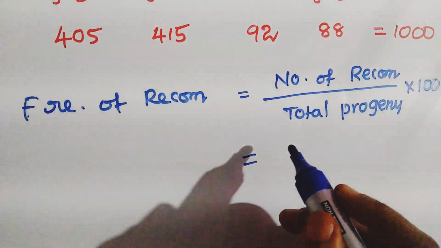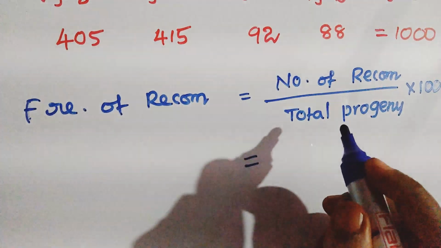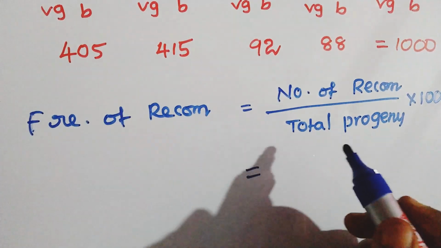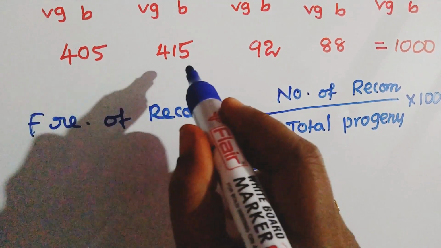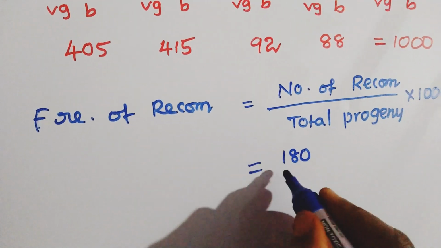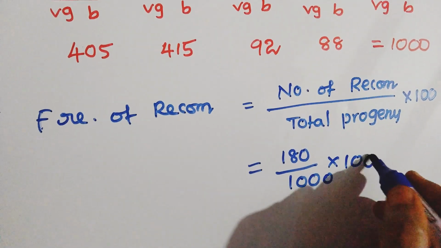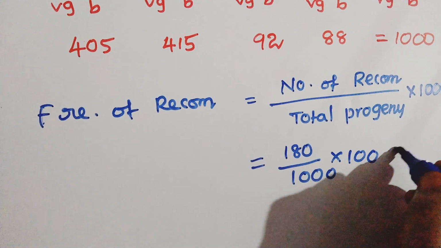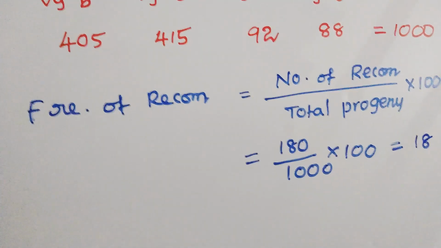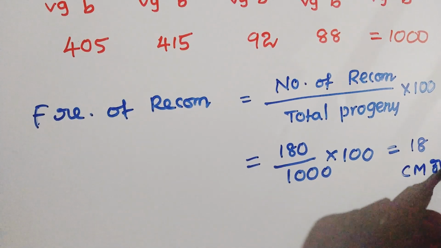Substituting the values, recombinants are 92 plus 88, that is 180, divided by 1000, times 100. So we get 18, which is 18 centimorgans or map units.